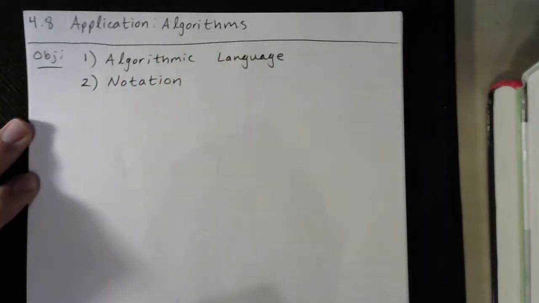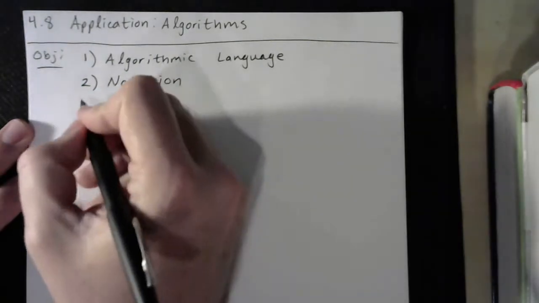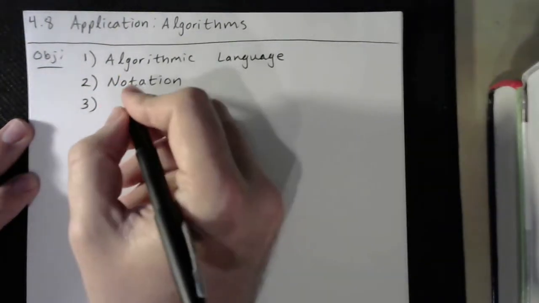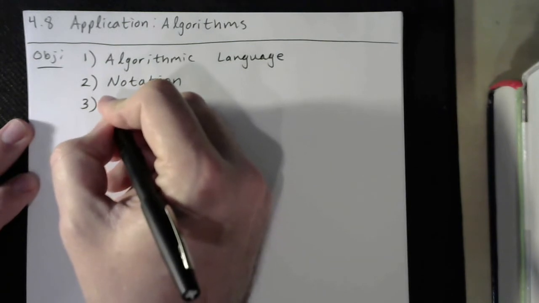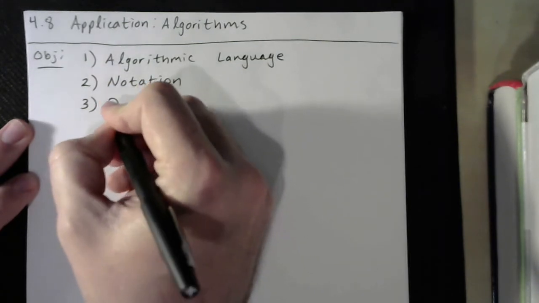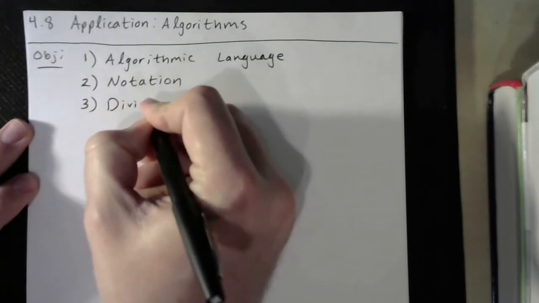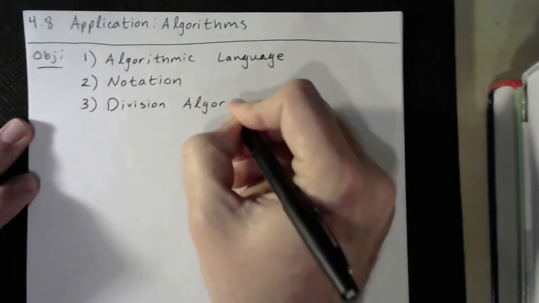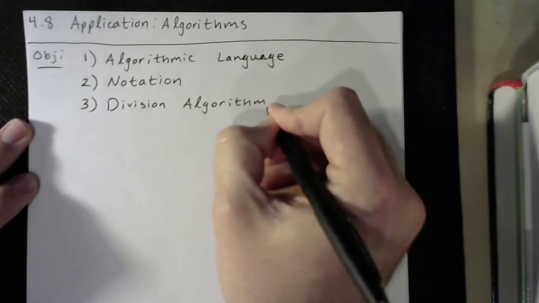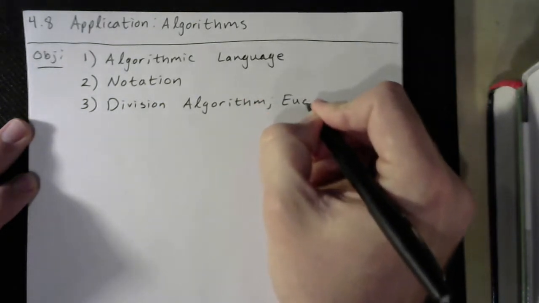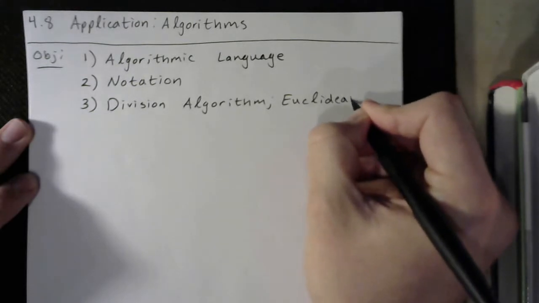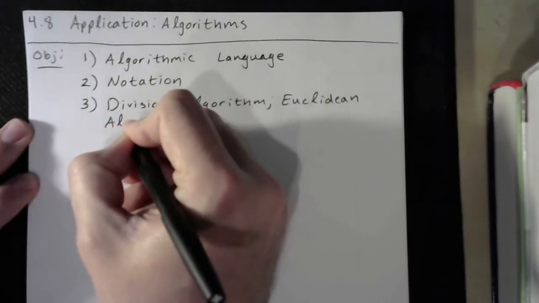Again, the notation of this book might be different, though I imagine it's not. It's fairly straightforward. It's the same notation I used way back in the day when I did my programming and computer science classes. And then the two algorithms I want to focus on are the division algorithm and the Euclidean algorithm.